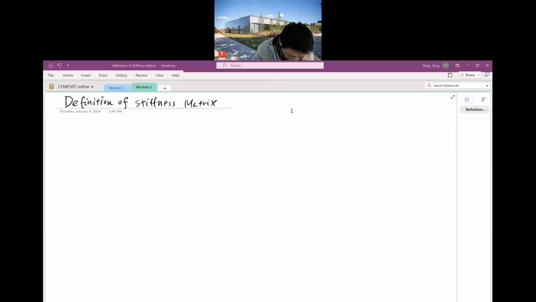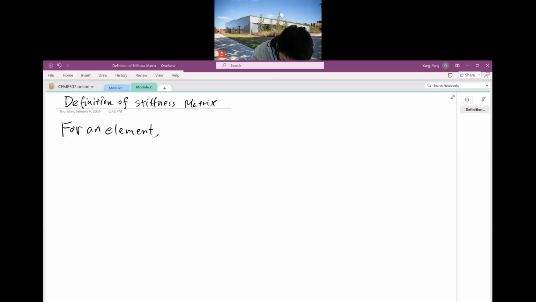So typically for an element, the stiffness matrix describes the relationship between the displacement and the forces acting on the element.